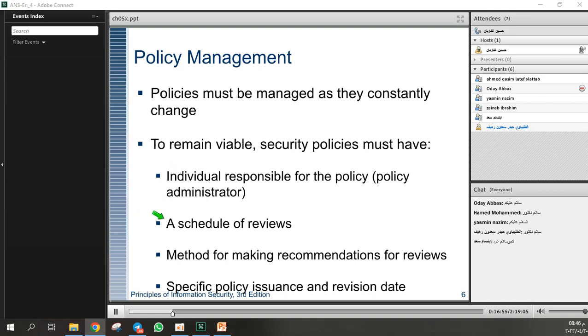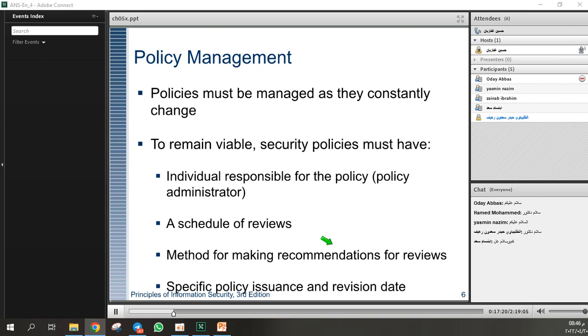We need to schedule some reviews. For example, every 3 months we must review the policies. Every 3 months, every 6 months, something like that, every year. We need to prepare a schedule for review. We need some methods to make recommendations for reviewing.